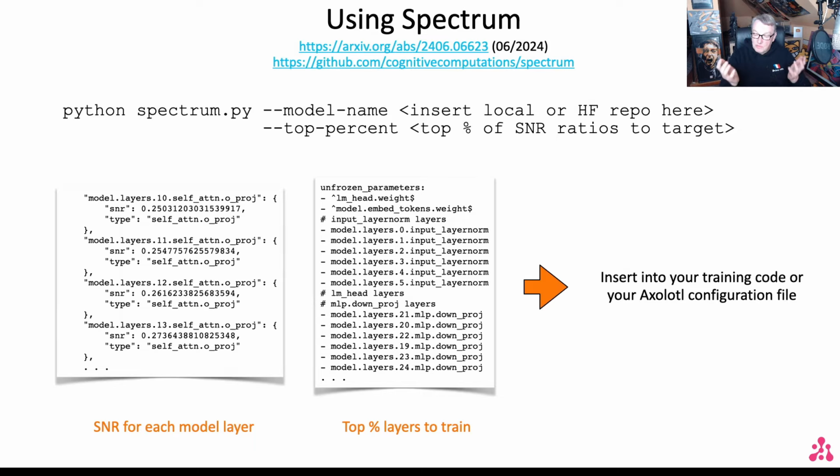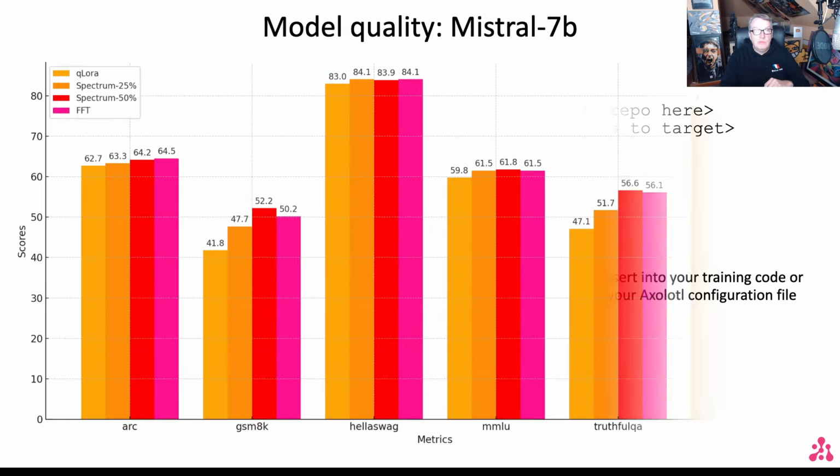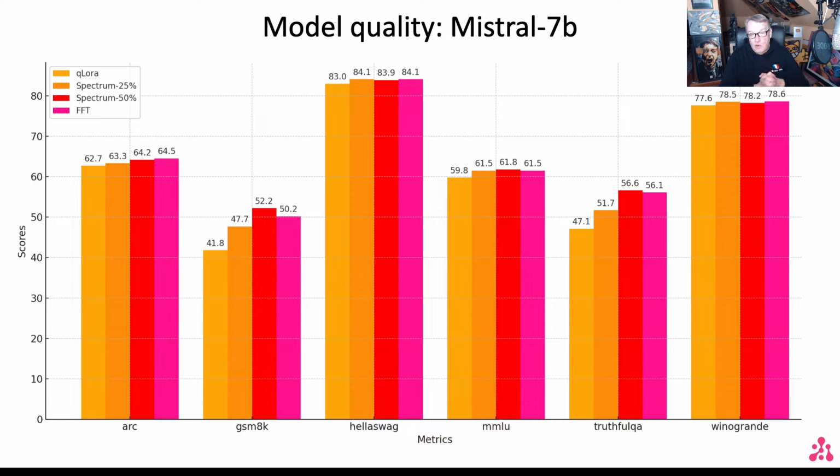So what are the results? Let's look at benchmarks. These are benchmarks from the research paper, Mistral-7b. Here we compare QLoRA in light orange, Spectrum 25% in dark orange, Spectrum 50% in red, and full fine-tuning in pink.